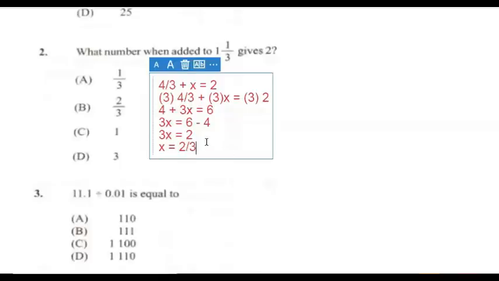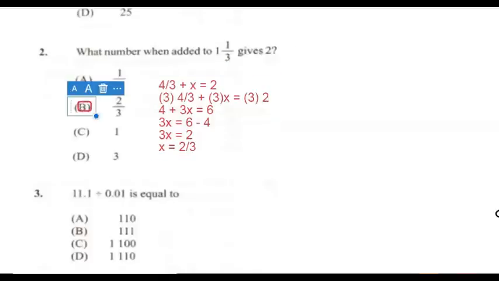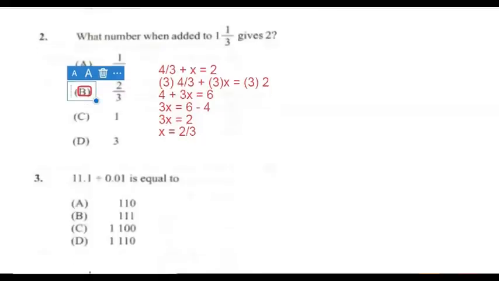So when it goes to the right hand side, it will now be dividing, and therefore the answer for number 2 is B. And we are moving nicely along.